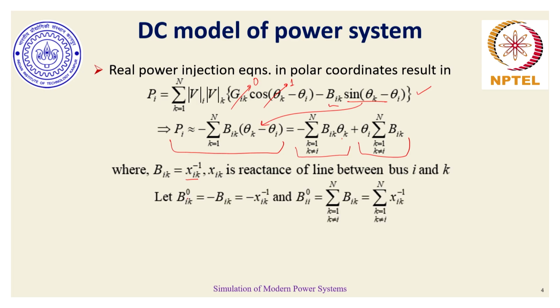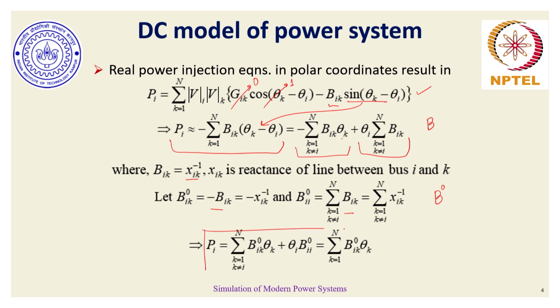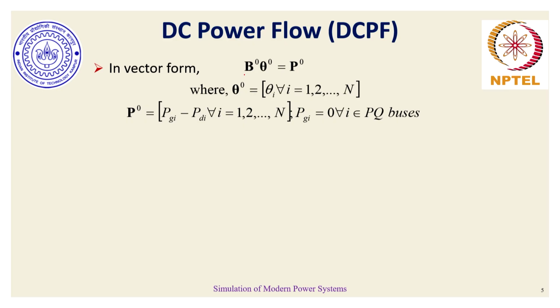Above we have the B matrix. In the bottom part, if we define the B0 matrix where the elements are negatives of the BIK elements, then PI can be represented in a compact form, which in matrix form can be written as B0 multiplied by the theta 0 vector equal to the P0 vector, where theta 0 and P0 are the corresponding known or unknown phase angles and the known real power injections in terms of generations and demands.